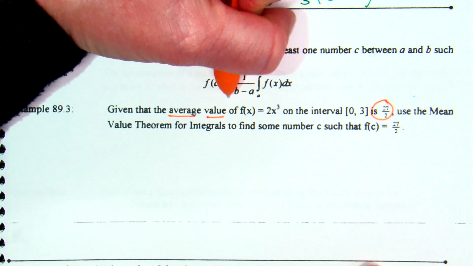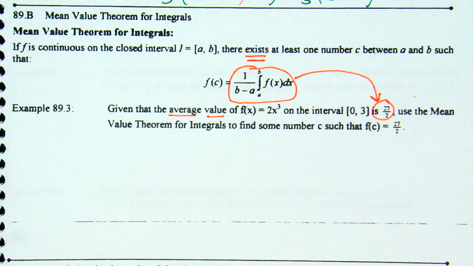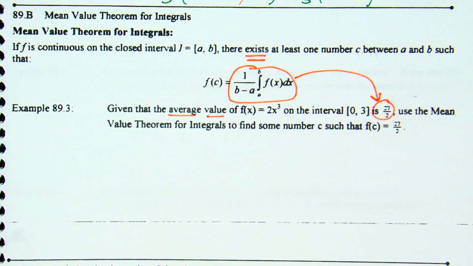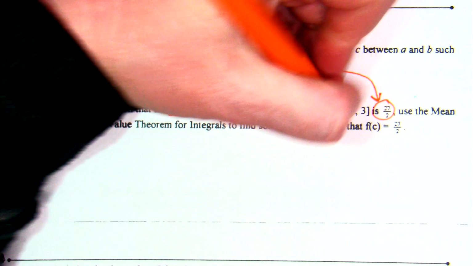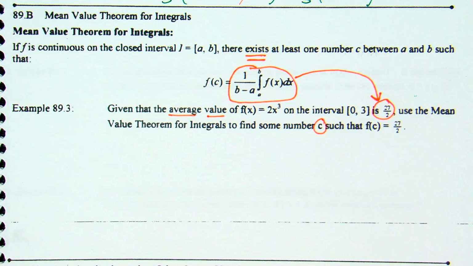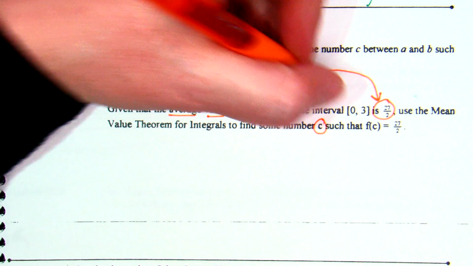Notice this part right here, the 1 over b minus a times the integral, is equal to that. If we did all that math, that would be equal. So there's some value c, and that's our goal to find, such that when you plug it in, our function will equal 27/2.